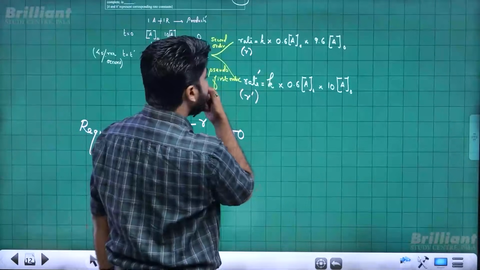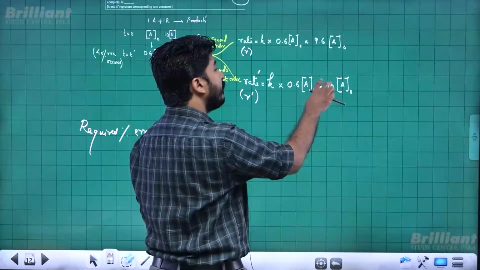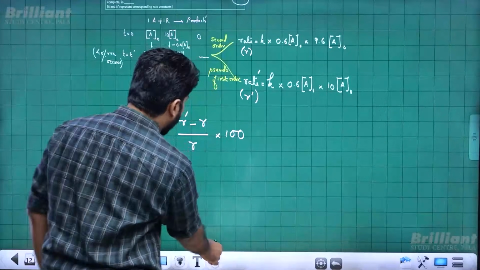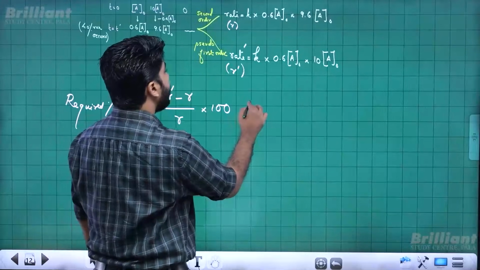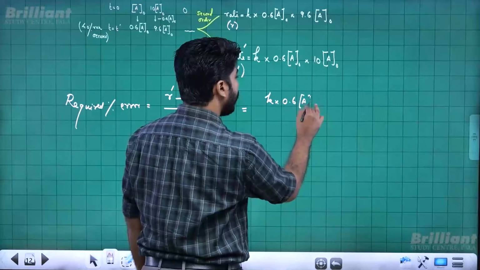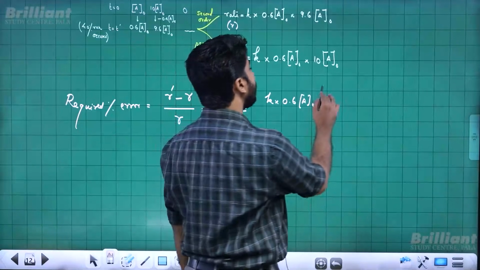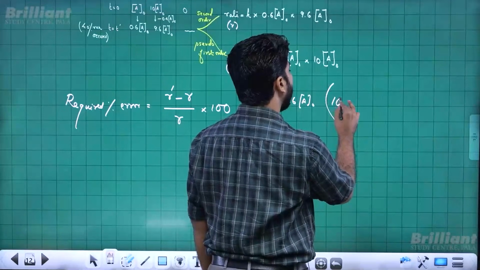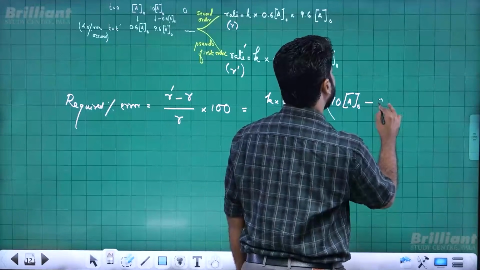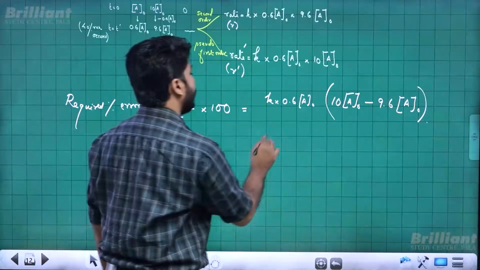So from these expressions it is clear that if we consider a pseudo first order reaction, the expected rate at 40% completion stage is higher than the actual rate of the reaction. So we are focusing on that error. R dash is K into 0.6 A naught into 10 A naught, minus R, which is K into 0.6 A naught into 9.6 A naught. So we can take K into 0.6 A naught as common and take the difference of the rest of the portion.